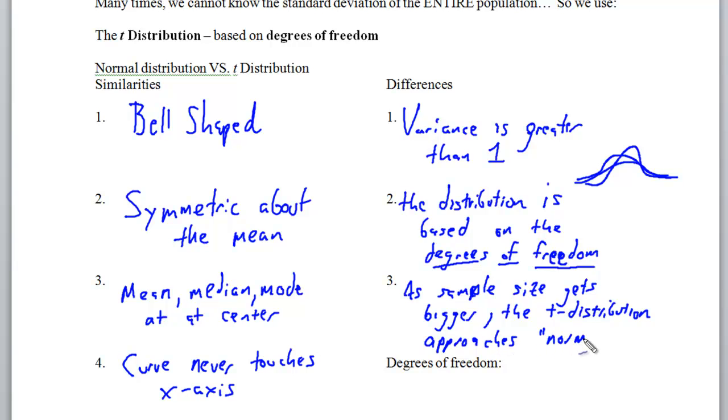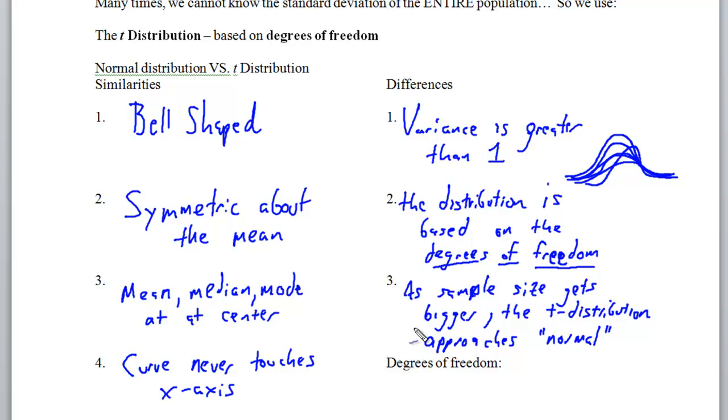So you'll see in the book and on the table that the curve starts out pretty much not looking normal, but as you get a bigger sample size, that curve will start to get more and more normal. At first the t-distribution looks kind of flat, but it will get better and better.